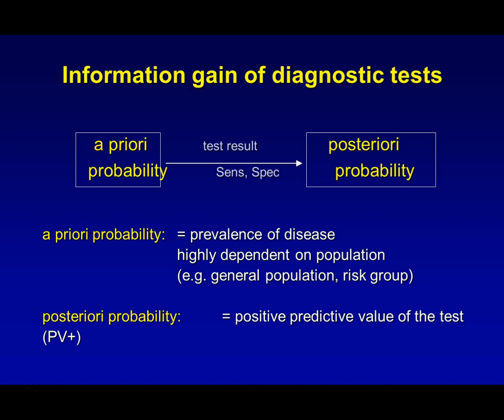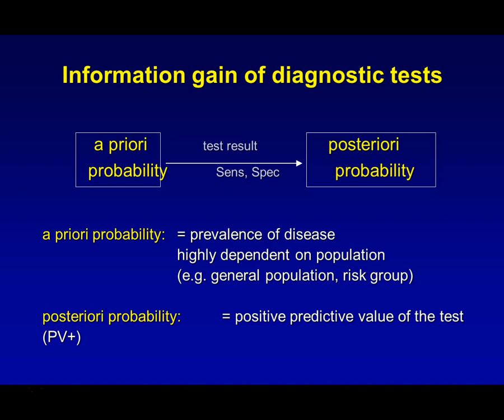The application of a diagnostic test should be useful, and this means that there should be an added value. We call it the information gain of a diagnostic test. Consider the fact that before the test application there's an a priori probability of disease, which is the prevalence of disease, and this is highly dependent on the population.